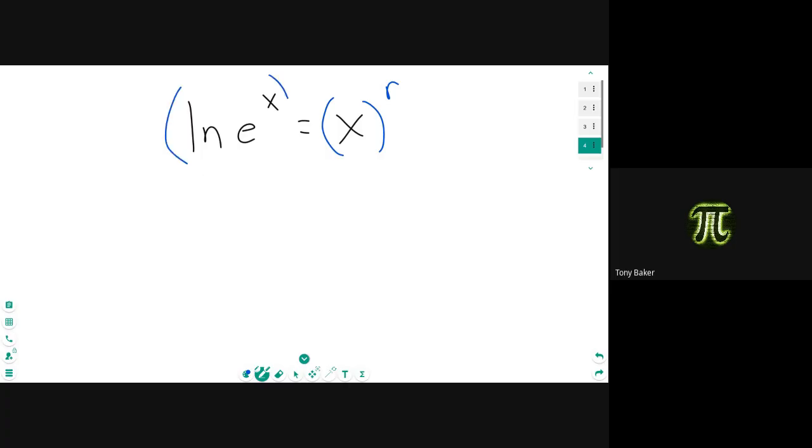So I'd have to do this side to the r power. So this ends up being ln e. How do I write this? Hold on a second.